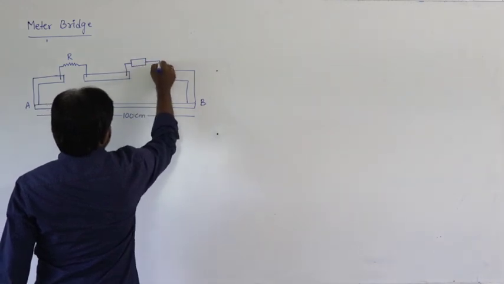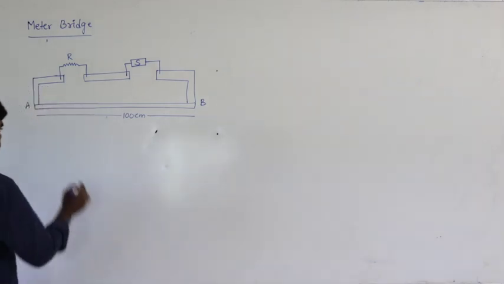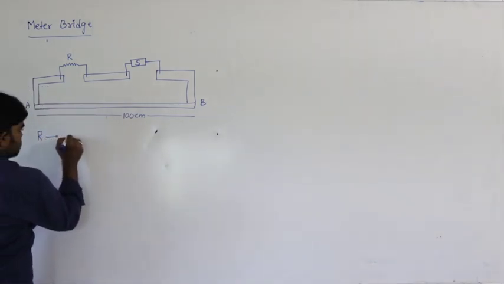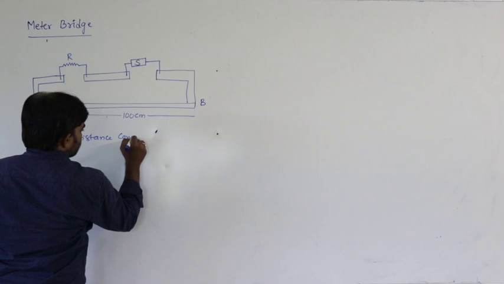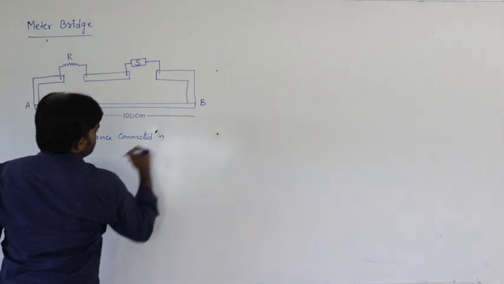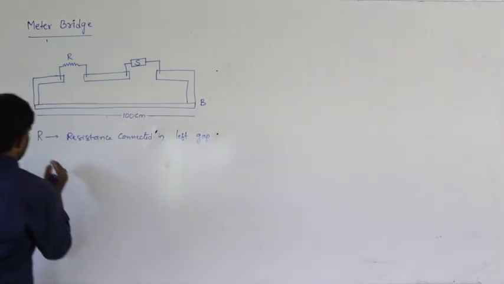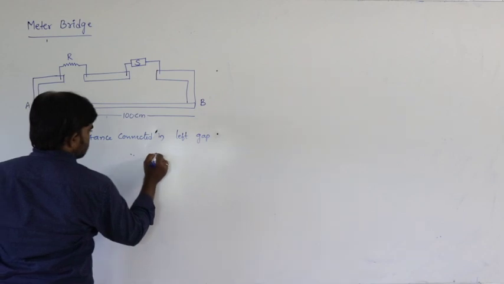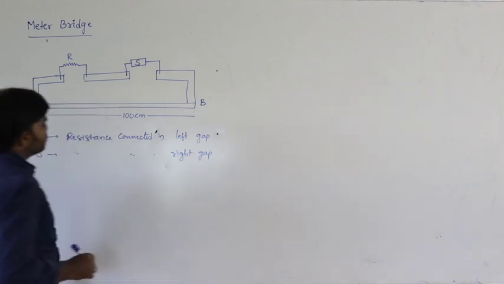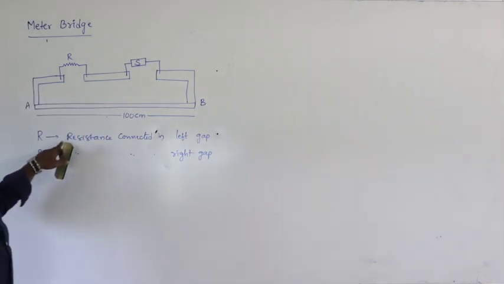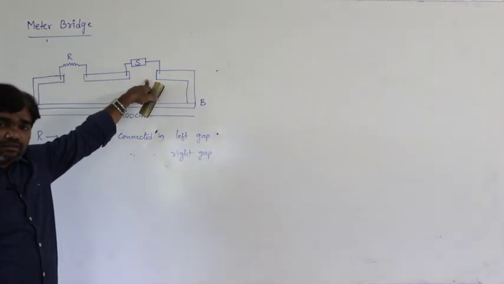So, for example, a known resistance, let us say it is S. Here R is the resistance connected in the left gap, and S is the resistance connected in the right gap.